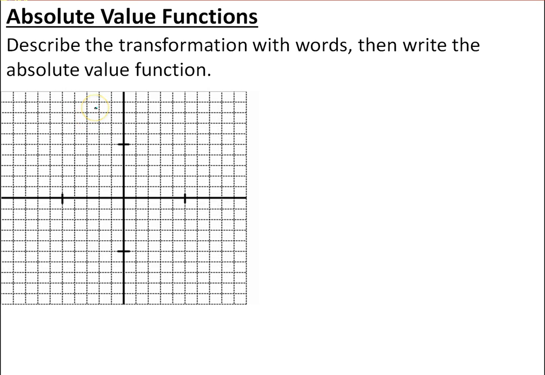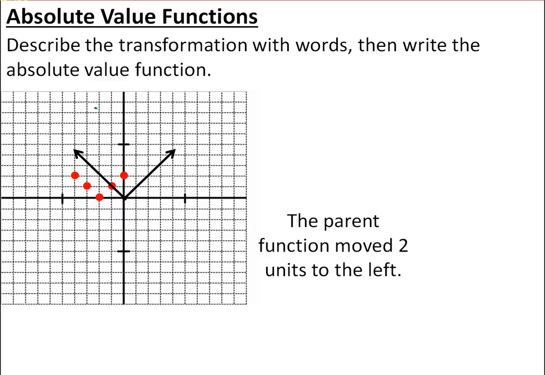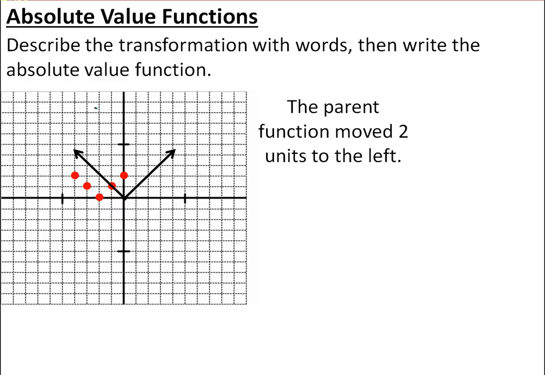All right, describe the transformation with words and write the absolute value function. So if I give you those 5 dots and ask you what absolute value goes through that, start with the parent function and just describe what you'd have to do. What would I have to do to that parent function to move it to the red dots? Well, the parent function has to be moved 2 units to the left.